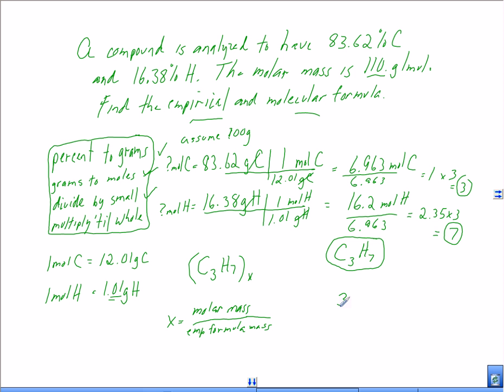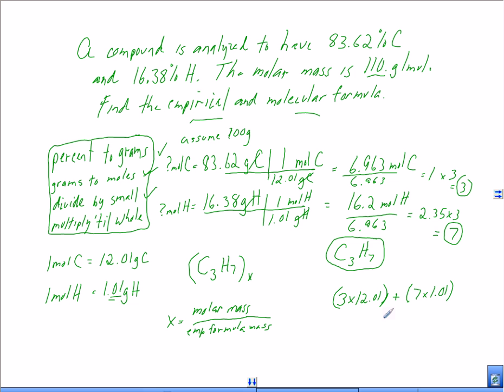How many carbons do I have? I have 3. What is each carbon's mass off the periodic table? 12.01. And I'm going to add that to what? 7 hydrogens times what? 1.01.